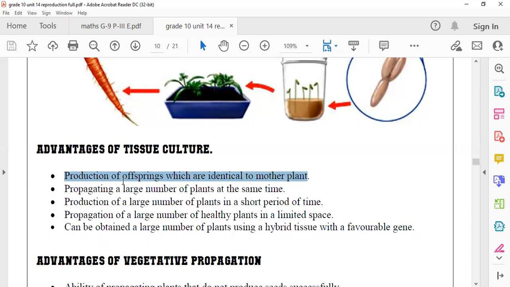One day I visited a farming school, and there two women were conducting grafting, vegetative propagation. So I was interviewing them. I asked, Amma, per day, how many plants would you be grafting?